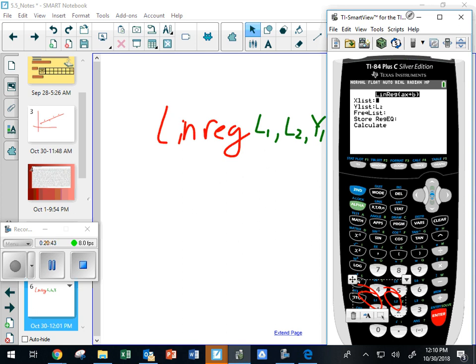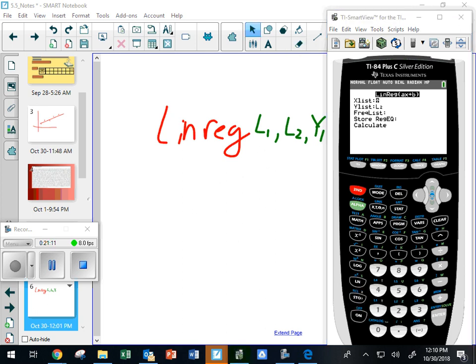And so I pressed Y1. It was accidentally on this X list when I did so. You want to make sure for people who have this new version that your Y1 is going under the store Reg Equation. All right? Oh, I can erase them.